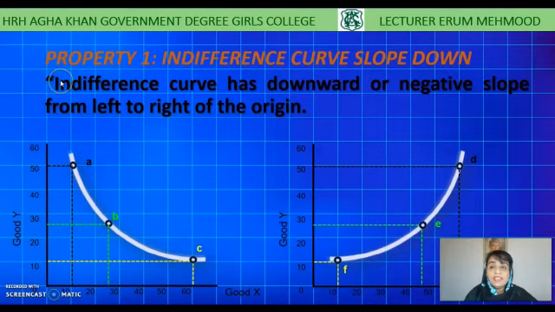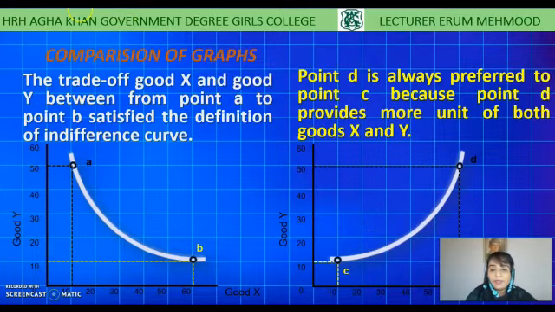The indifference curve has a downward or negative slope from left to right of the origin. For simplicity, I take two shapes for the indifference curve. The first one is downward sloping and the second one is upward sloping. Let's see which shape satisfies the indifference curve definition.